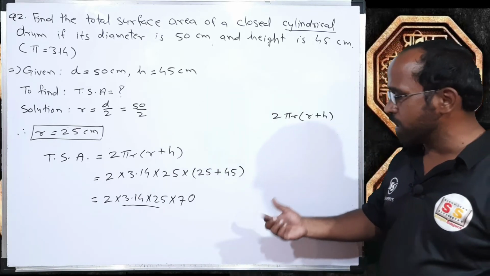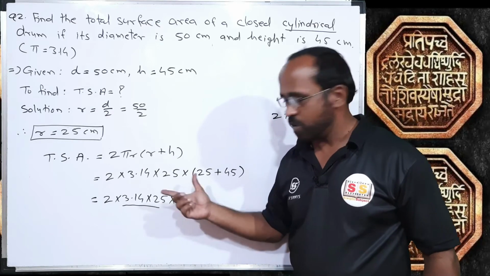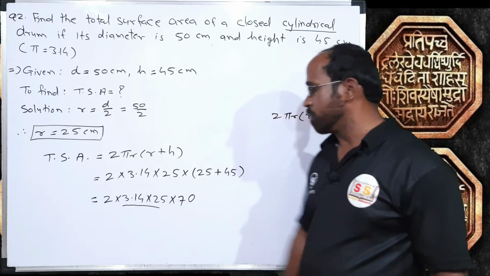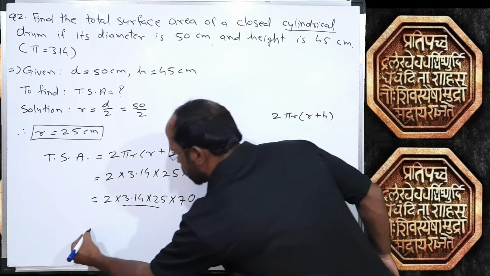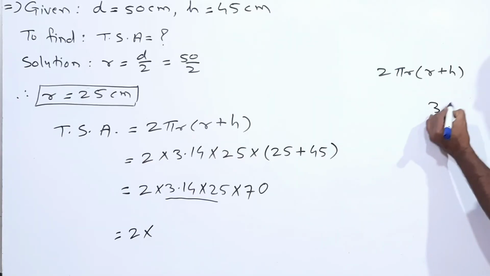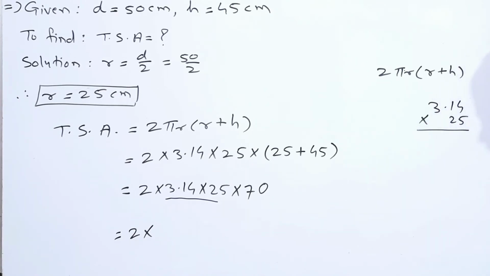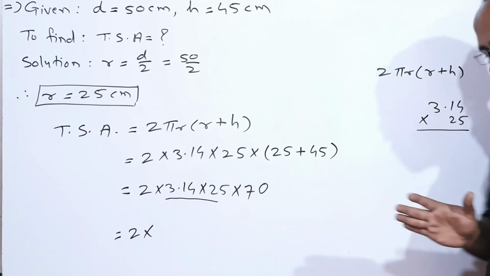Reason, because at the end I just have to multiply by 2 and 7, which is easier, right? So 3.14 multiplied by 25. Another reason is 25 fours are 100, so a few decimals are going to be removed.